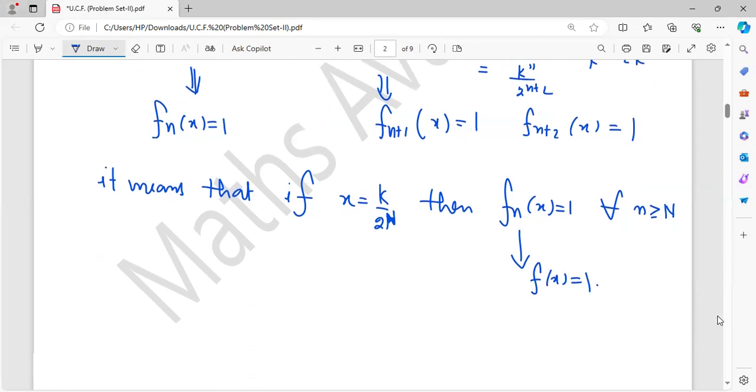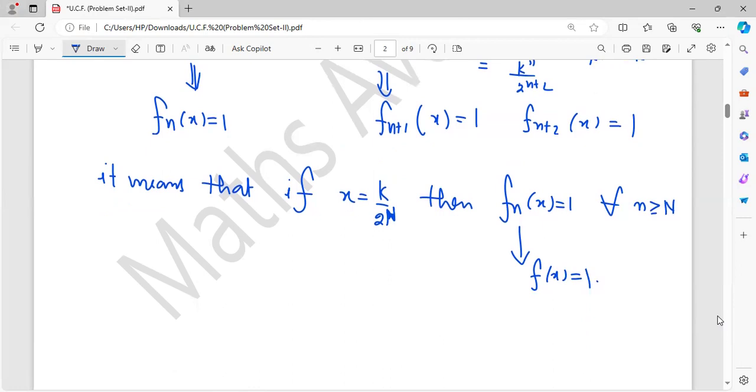Okay. Now what about if x is not of this form? Then by the definition of f_n, it will be 0. If it is not of this form, multiplying by 2 in numerator and denominator, still it will not be of that form.